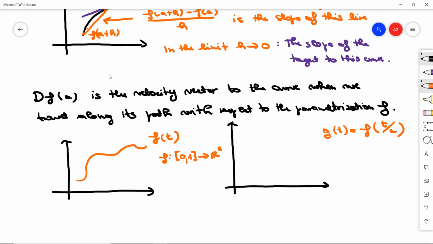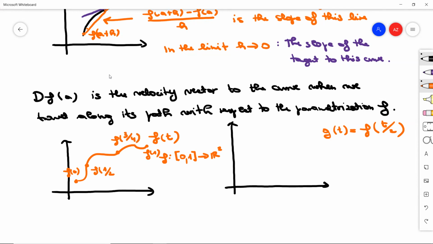And let's say that here is f of 0, and here is f of 1. Here we have f of 1/2, and here we have f of 3/4.